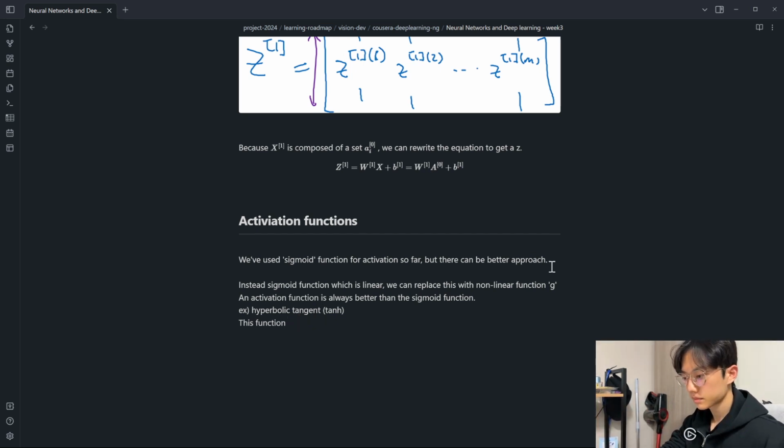So this is z, this is a, this is a equals tanh of z, and this goes between +1 and -1. The formula for the tanh function is e to the z minus e to the negative z over their sum, and is actually mathematically a shifted version of the sigmoid.